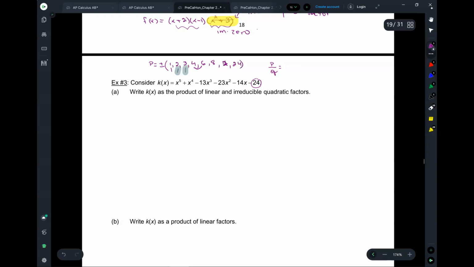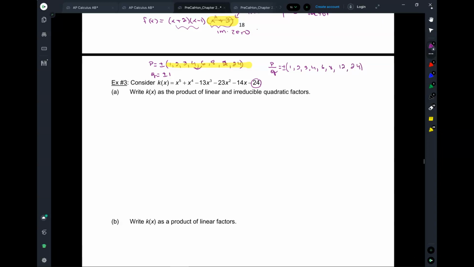So that's P. And what's Q? Plus or minus 1. So that means P over Q is just the same as these numbers: plus or minus 1, 2, 3, 4, 6, 8, 12, 24.